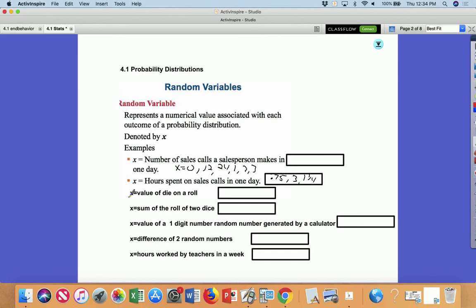How about the sum of the roll of 2 dice? We could have 12. We could have 2. So a lot of different sums, right? How about the value of a 1-digit random number generated by a calculator? 0 through 9. How about the difference of 2 random numbers? 0 minus 9?